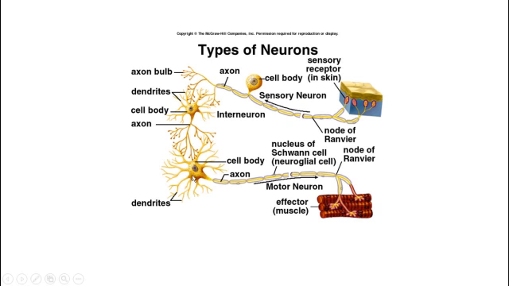So the impulse here would be starting again up in the cell body. Dendrites surrounding the cell body bring in impulse, maybe coming from the brain, for example, and send that along another myelinated axon, down the axon to where it would be delivered to the muscle and cause the muscle to contract. Most of the cell bodies for the motor neurons are located in a part of the spinal cord called the anterior horn, and we're going to be looking at that.